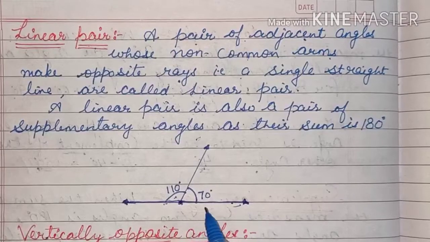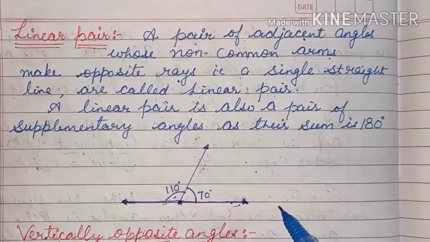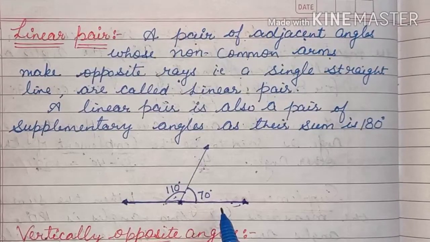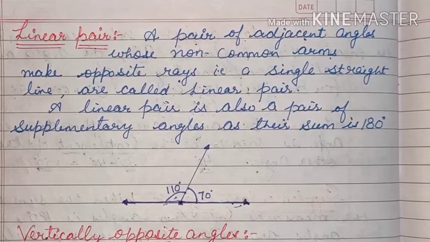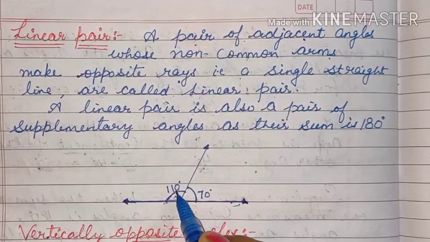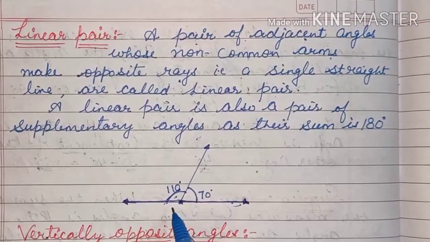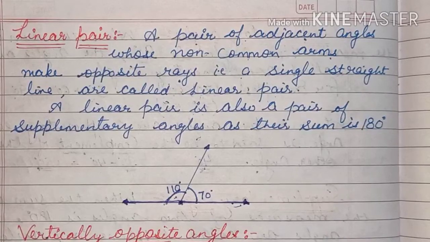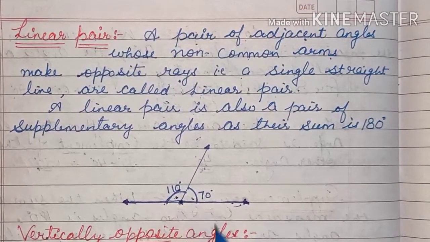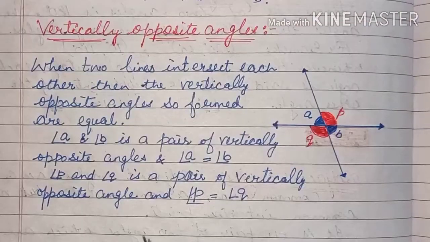So these adjacent angles will be known as a linear pair. And also it is a pair of supplementary angles because these are forming a straight angle, and we know that the measure of a straight angle is 180 degrees. So here if we check, 110 plus 70 is equal to 180 degrees.